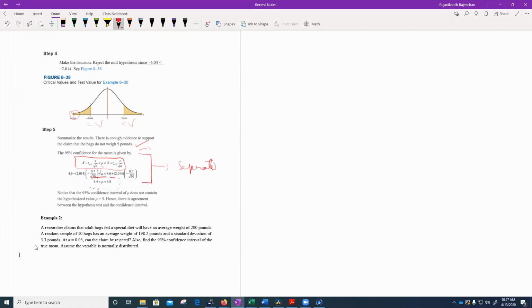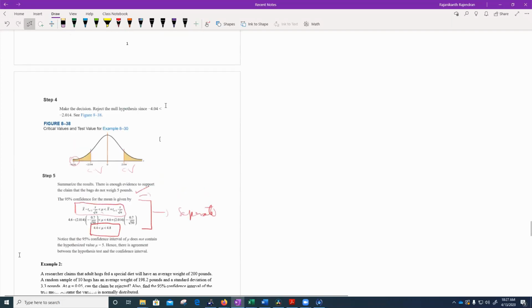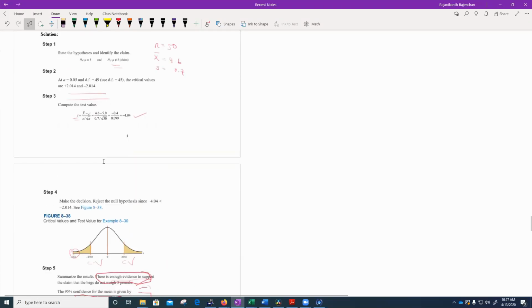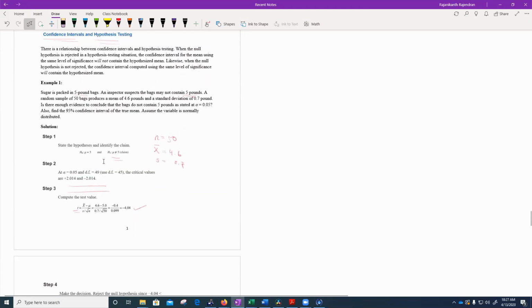But what does our hypothesis result say? The hypothesis result says there's enough evidence to support your claim. That means you accept your claim, right? Your claim says that the population mean is for sure not 5.